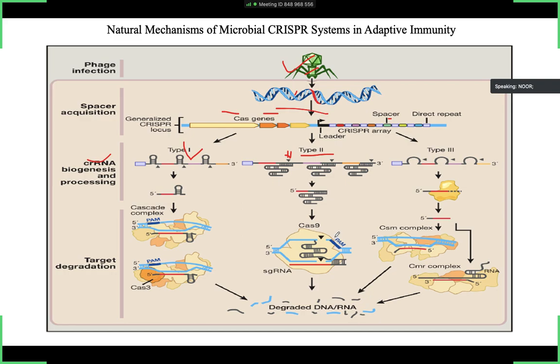At the same time there will be a palindromic region, and the Cas9 enzyme will rush to that place and degrade the invaded genome of the virus into pieces. Then Jennifer Doudna modified this CRISPR RNA and transactivating CRISPR RNA for genome editing.